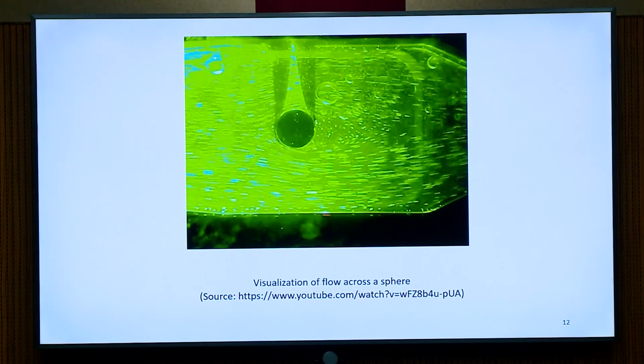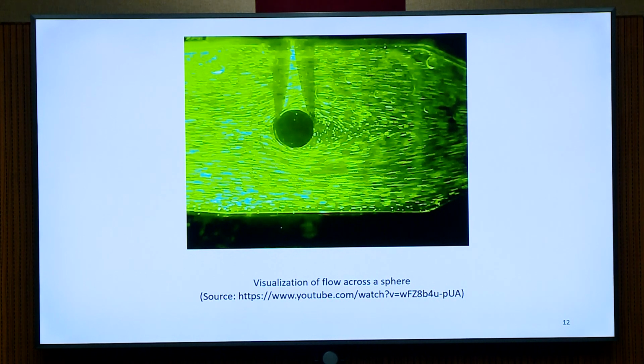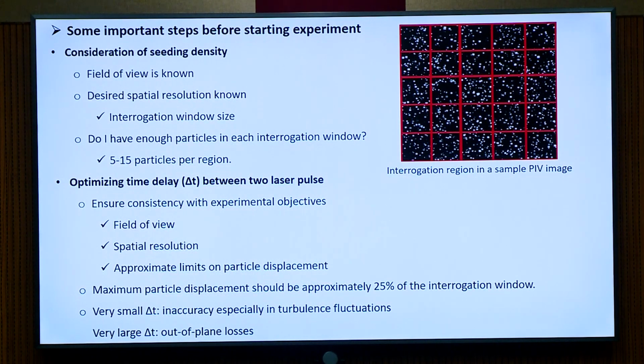So in this case, one can calculate the streak length, and if you divide that with the camera exposure time, that will give you some estimate of the particle velocity. Okay. However, as obvious here, it is difficult to identify individual particle streaks, and definitely you will get into measurement uncertainty.